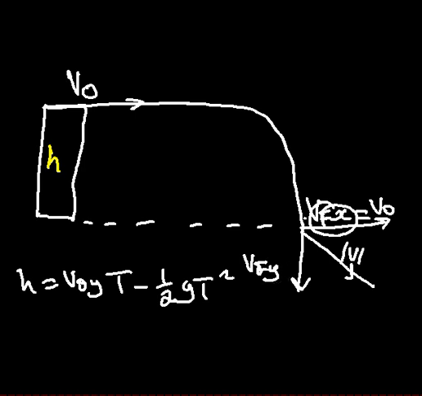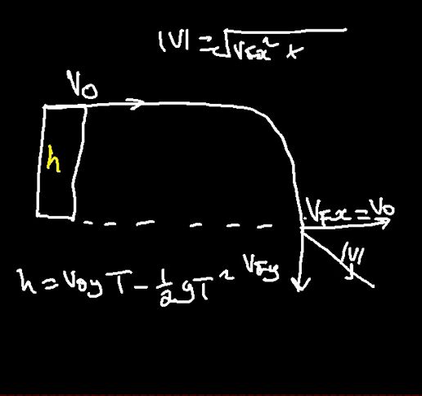So the magnitude of these two components is the landing speed. That is given as the square root of vfx squared plus vfy squared. So that is the formula we use to have the magnitude of the landing speed as the object is striking the ground.